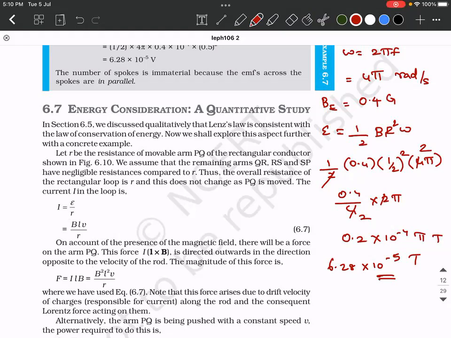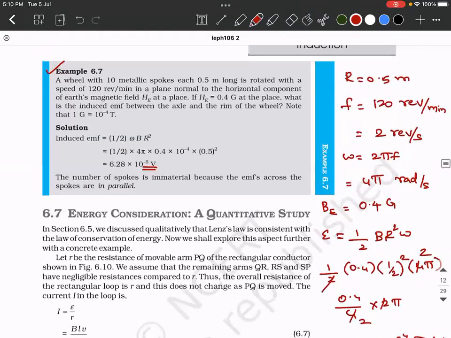EMF, no? Yeah, volt. Is it clear? Here, one confusing point they would have given is the number of spokes, which is 10. One common mistake is that the final value gets multiplied by 10. Some people do that, but you should not. Why?